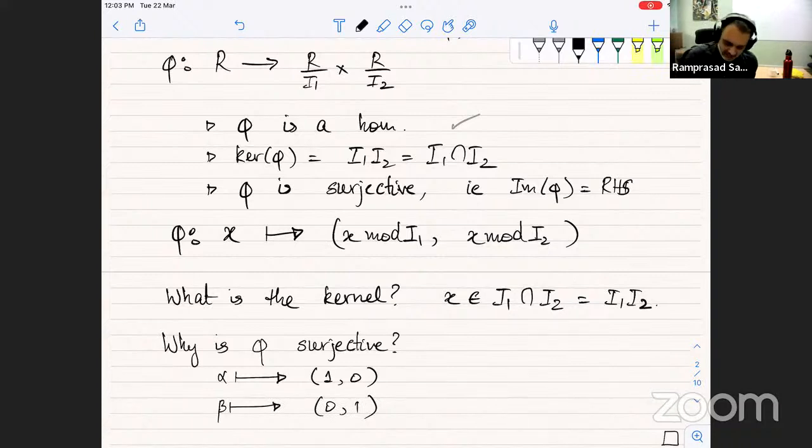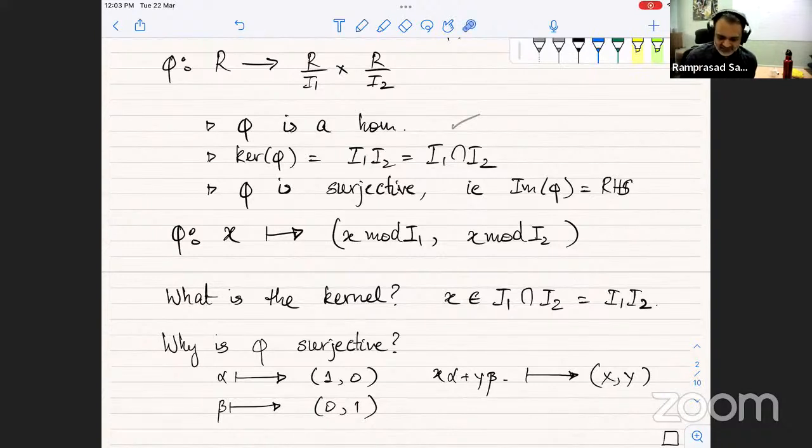Because then, what maps to X, Y is just X times alpha plus Y times beta.